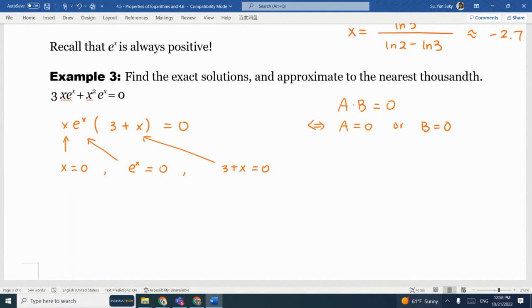Line. Parabola. Cubic function, right? Square roots, cube roots, and absolute value, right? Exponential function, like that. Log, like that.